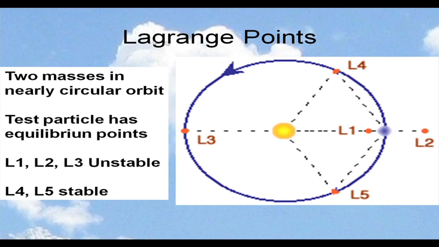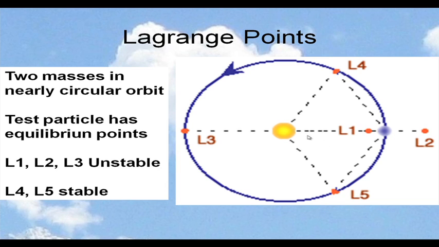Lagrange considered this very interesting problem. The problem is as follows: you have a massive object like the sun and there is another object, in this case Jupiter. We considered the system made up of the sun and Jupiter, and Jupiter, we know, is in a nearly circular orbit around the sun.